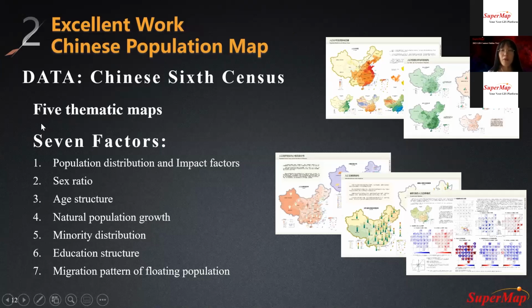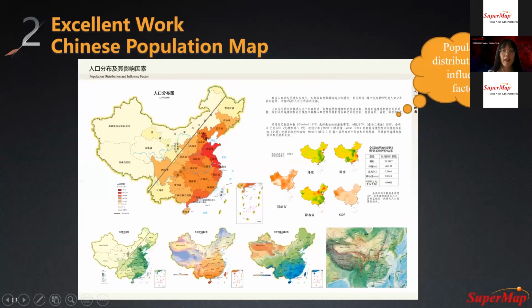The first one is the population distribution map. Here we can see the largest one is the simple distribution of the population in China, and there are some smaller ones. These show the influence effects. They also think that may have some influences on the distribution of the population.